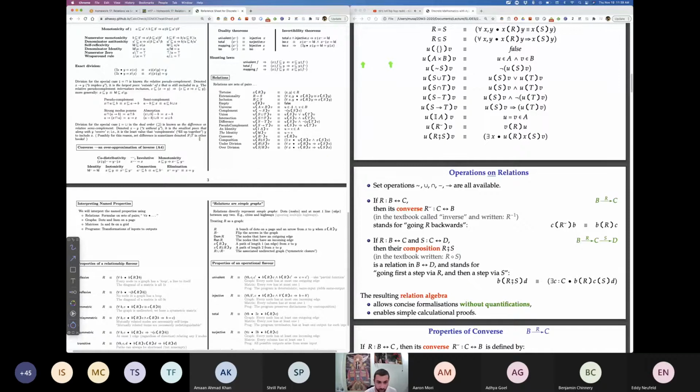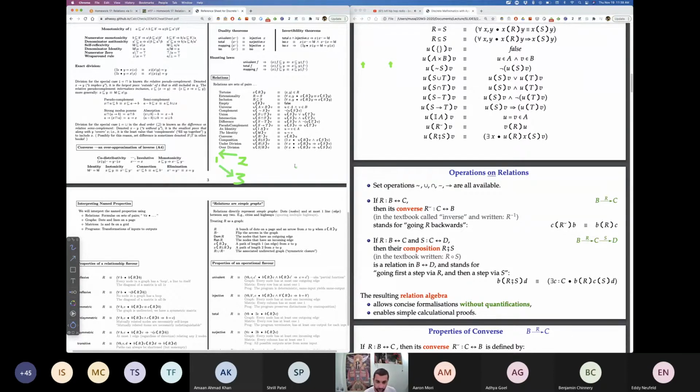So here's a graph, and it has 1, 2, and 3. We know that 1 points like this, and like that. And 2 and 3 are left alone.